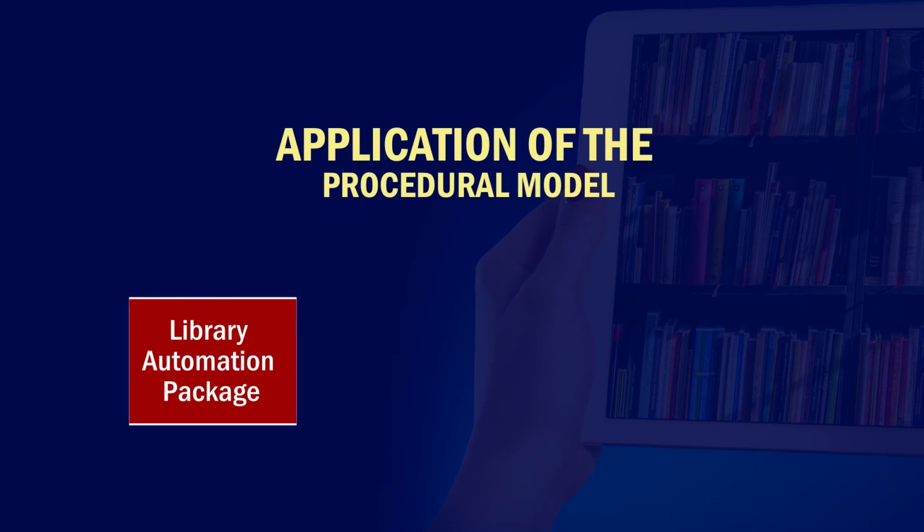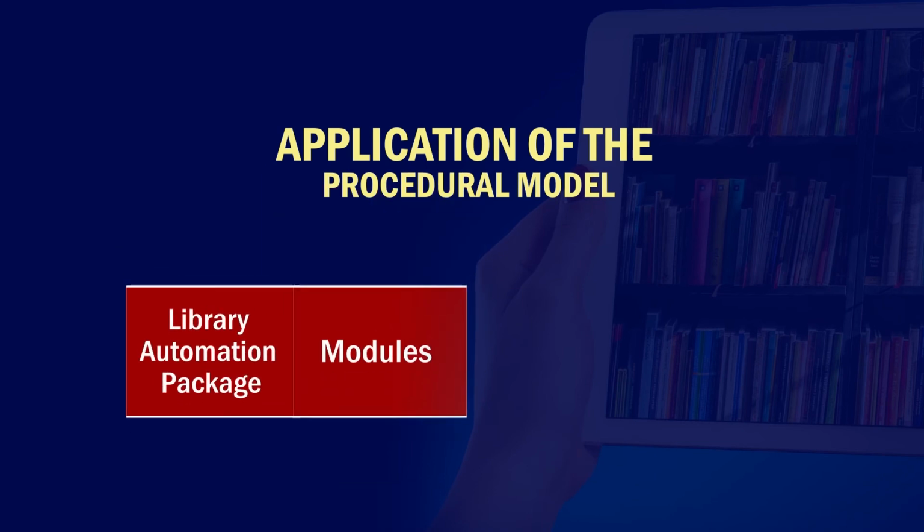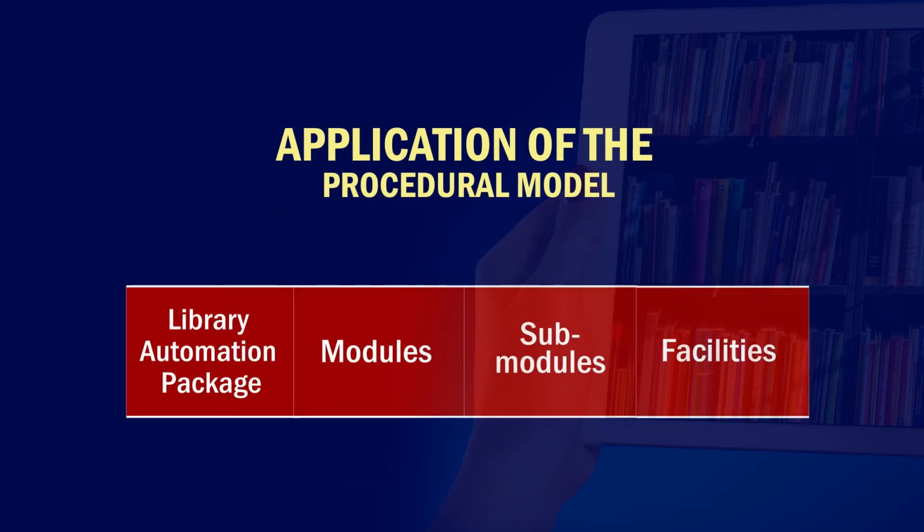So these modules are again divided into sub modules. Suppose you have an acquisition module, then it is again divided into a number of sub modules: how to create a vendor, how to create a master list for the vendors, how to place an order, then how to go for payment, how to receive a particular book, how to go for accessioning, and all these modules are interlinked with each other.